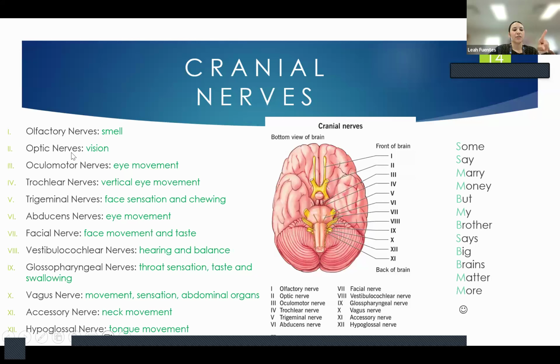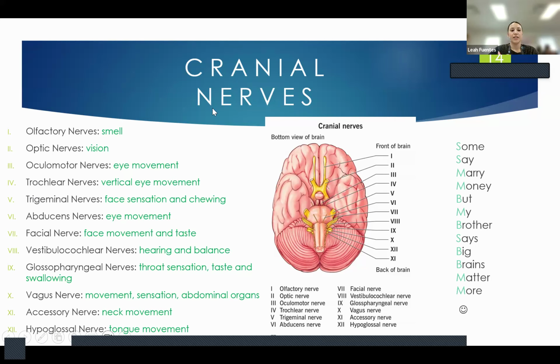So olfactory, optic, oculomotor, on occasion, our trusty truck, trochlear, trigeminal. The way you would remember these two, again, because they both start with TR, trigeminal, Gemini, May is the 5th month. Trusty truck, acts funny, abducens, facial, very good, vestibulo-glossopharyngeal, vehicle, anyhow.